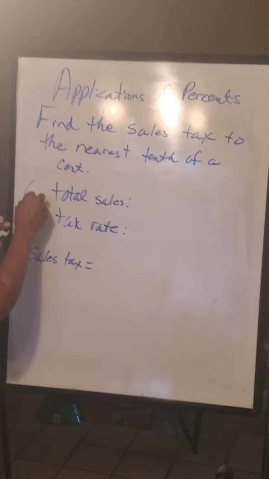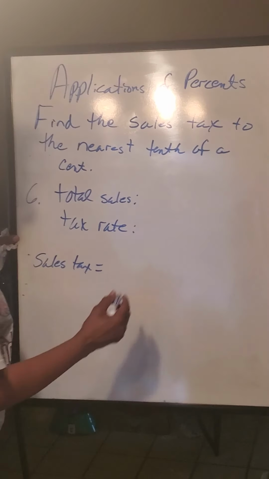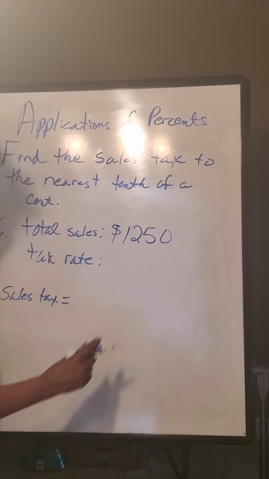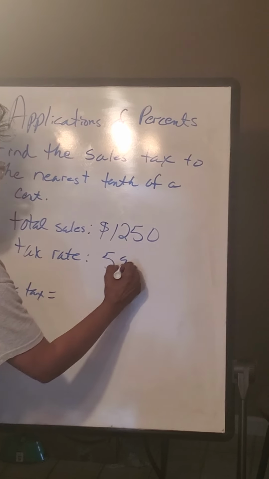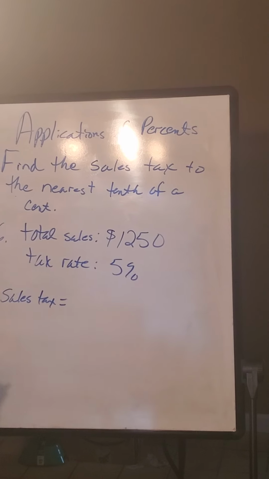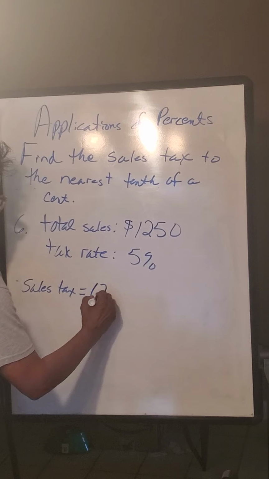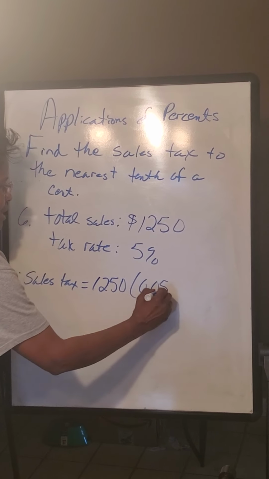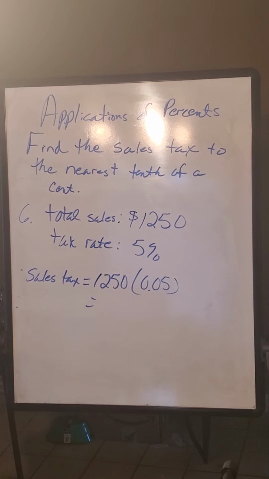Example 6. If I have an item that is $1,250 and the sales tax rate is 5%. Again, I'm going to pay more than that $1,250. They're going to take the $1,250, change the rate to a decimal, and multiply, and that gives me my tax.